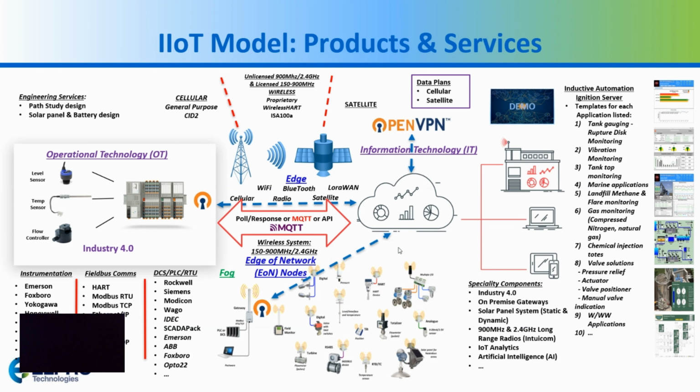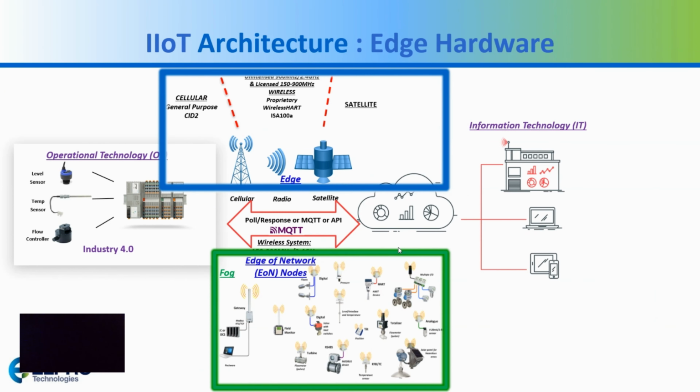In between there, they have the transport layer where it's using MQTT, in this case, to go over a cellular connection via an edge device or through what we're calling fog devices that will collect the information locally to the OT area of the model and then through the edge to the IT area of the model.